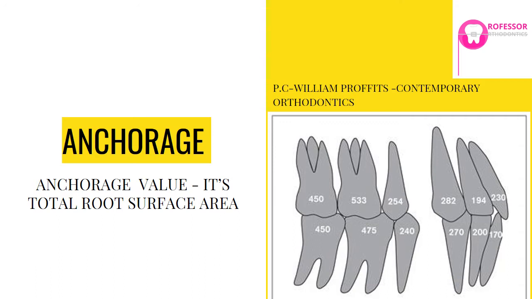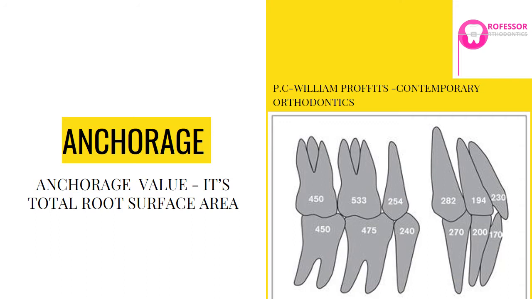For example, over here in the picture, we can see that the premolars and the first permanent molars bilaterally, upper as well as lower, will form your anchorage unit, because this is the unit which should resist movement. As Moyers says, this unit should resist displacement, and according to Proffit, it should resist unwanted tooth movement. This is your anchorage unit.